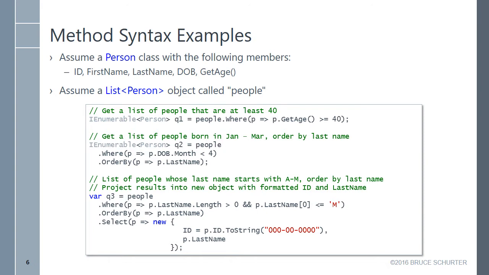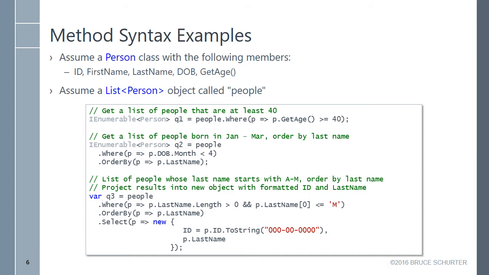We call the query Q1. The first thing we do after the assignment operator is to say people. This is our data source. After people, we say .Where. Where requires we provide it a function that evaluates true or false, also known as a predicate delegate. So in this particular case, we're saying where p, being an arbitrary name we pulled out of thin air to represent every object that we're iterating through.